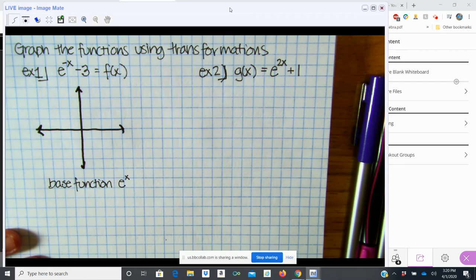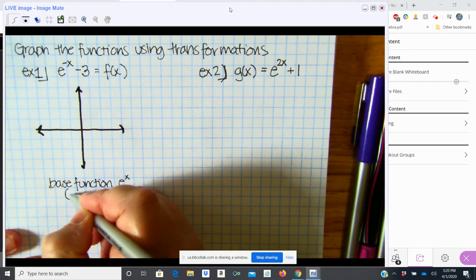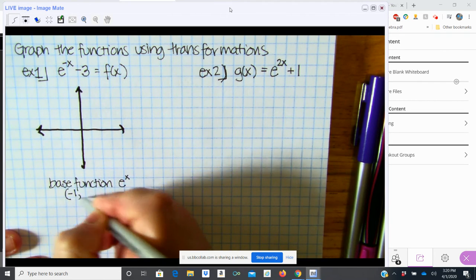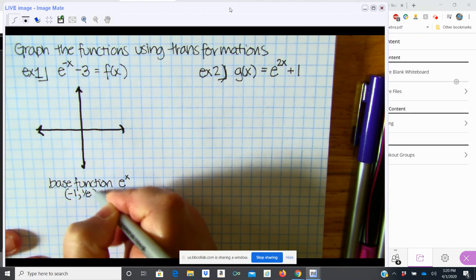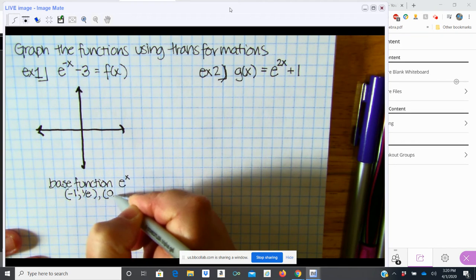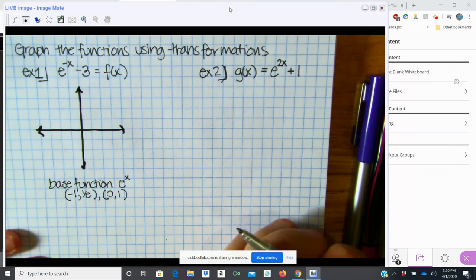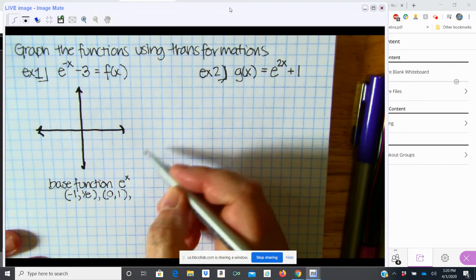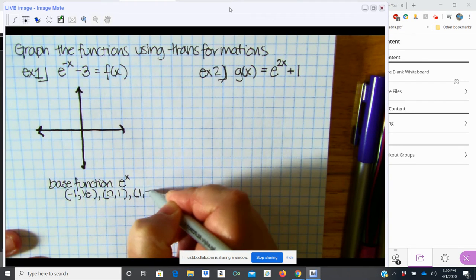That should give us 3 points to start: -1 with 1 over e, 0, 1, which is in all of our different exponential functions, and 1, e.